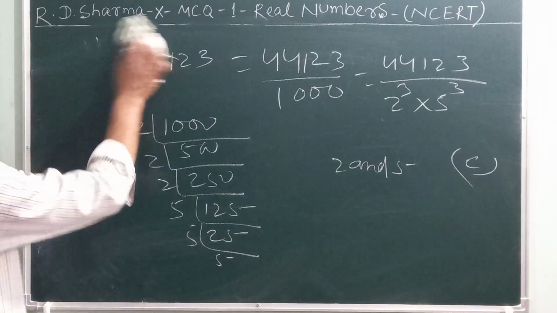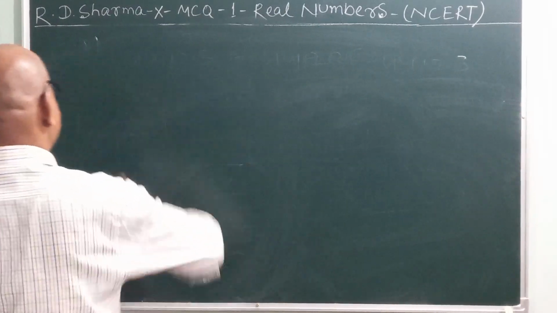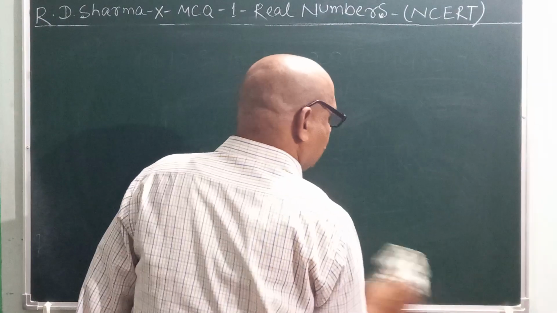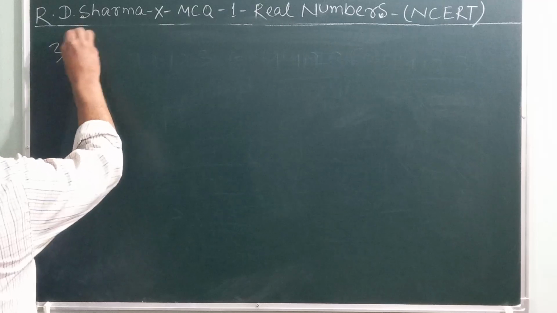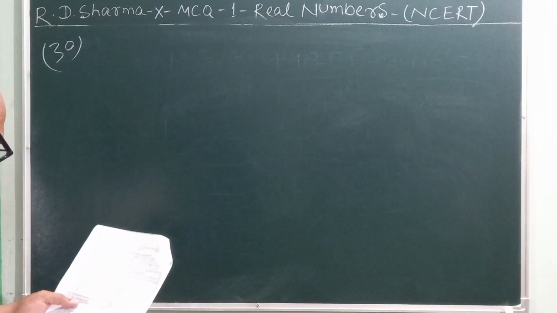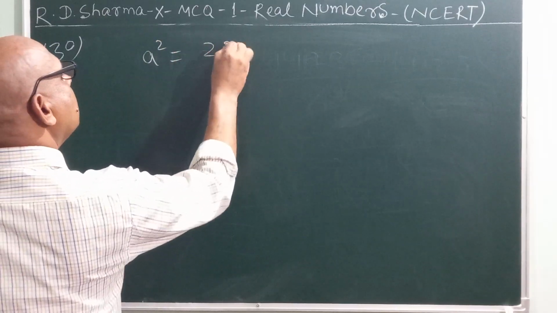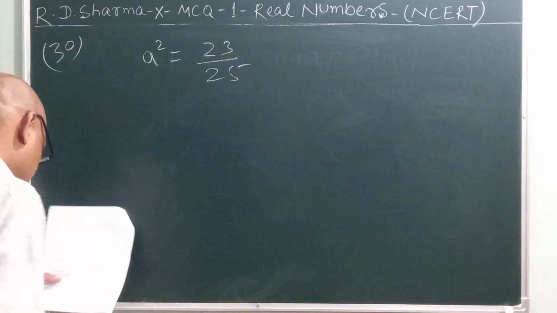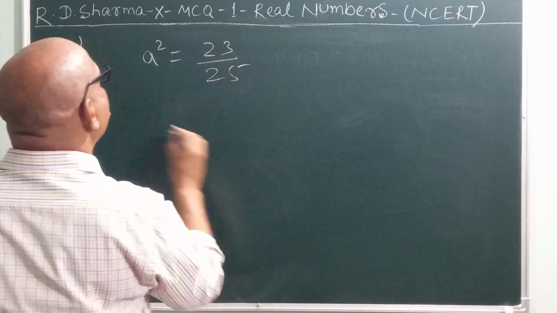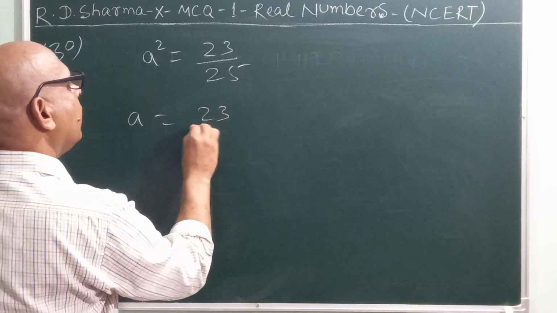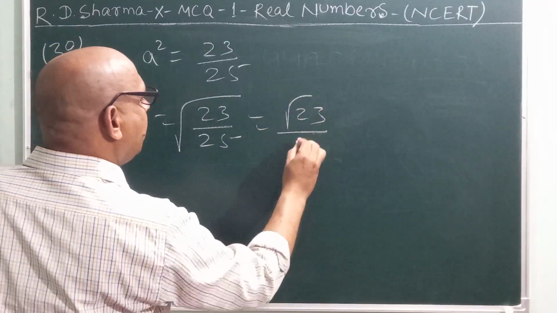Next, 30. A squared equals 23 by 25. Then A is what? A equals root over 23 by 25, which is root 23 by 5.